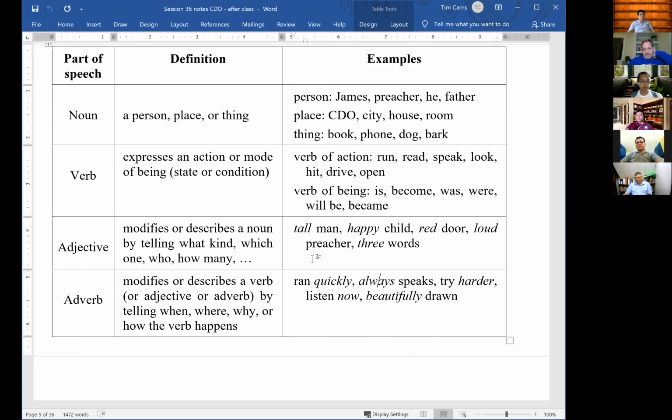Okay? That's why I'm coming back to these fundamentals, because if you can grasp these four parts of speech and how they work and what to look for, that's really going to help you when we're diagramming.